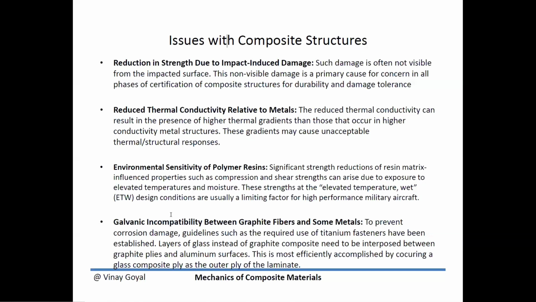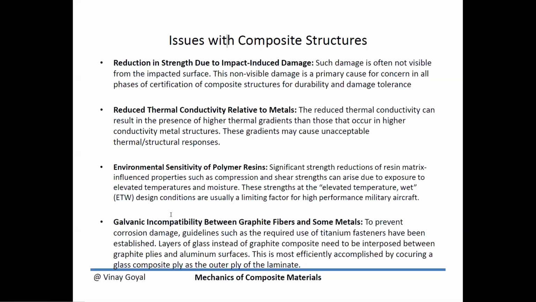We also have the situation of galvanic incompatibility between the graphite fibers and some metals. And so to prevent corrosion damage, guidelines such as the ones required for titanium fasteners have been established. You want to put perhaps layers of glass instead of graphite composite, which need to be interposed between graphite plies and aluminum surfaces to prevent this galvanic incompatibility.